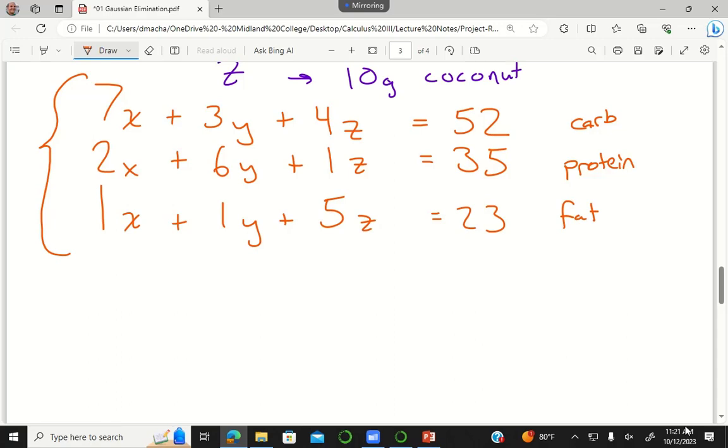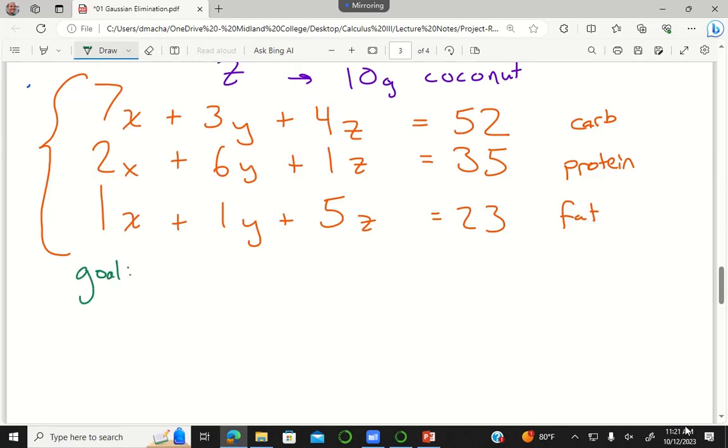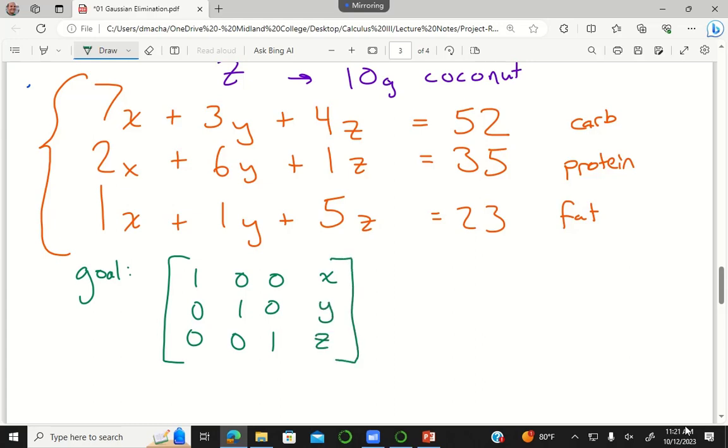Okay? So, let me explicitly define what I'm trying to get to. My goal here is that the diagonal should just be 1s, and whenever I get a diagonal of 1s and all of the off-diagonal entries as 0s, then the final column of my augmented matrix at that point should just have the values of x, y, and z.